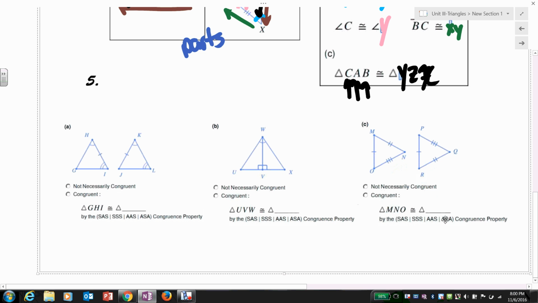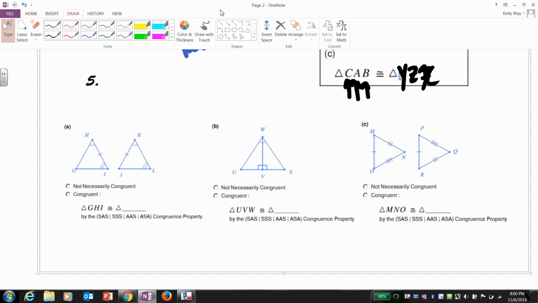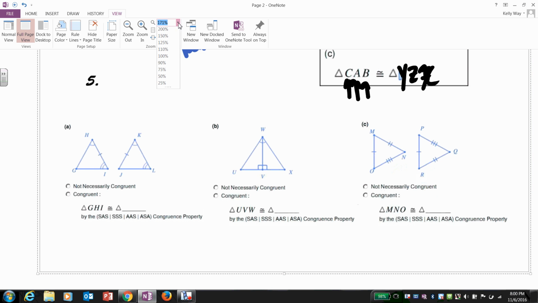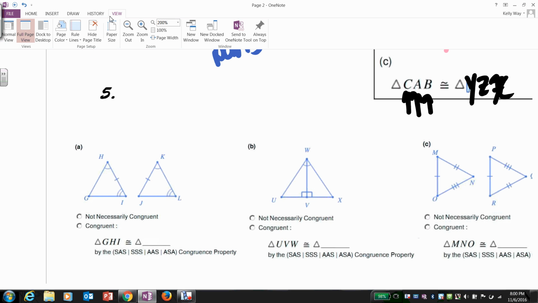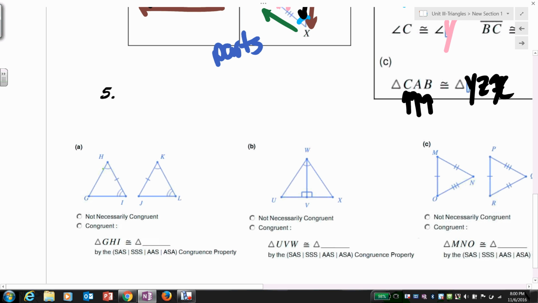Okay, what this is asking you is to identify the shortcuts. So we're going to blow this up so it's easy to see. And here on the left, we see that we have a pair of angles, pair of sides, and then another pair of angles.